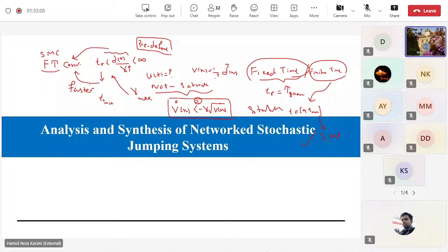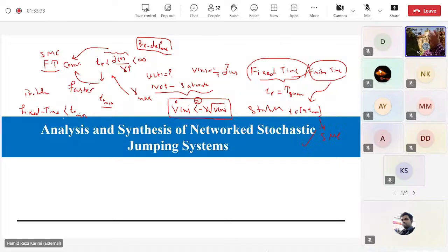So what is the problem? The problem is that if your fixed time becomes less than T max, this is a problem because you cannot go below this value.